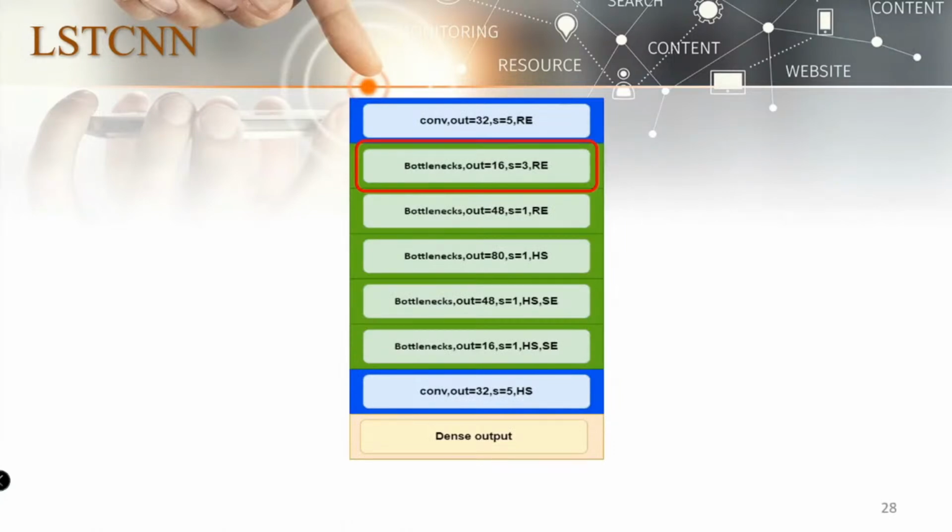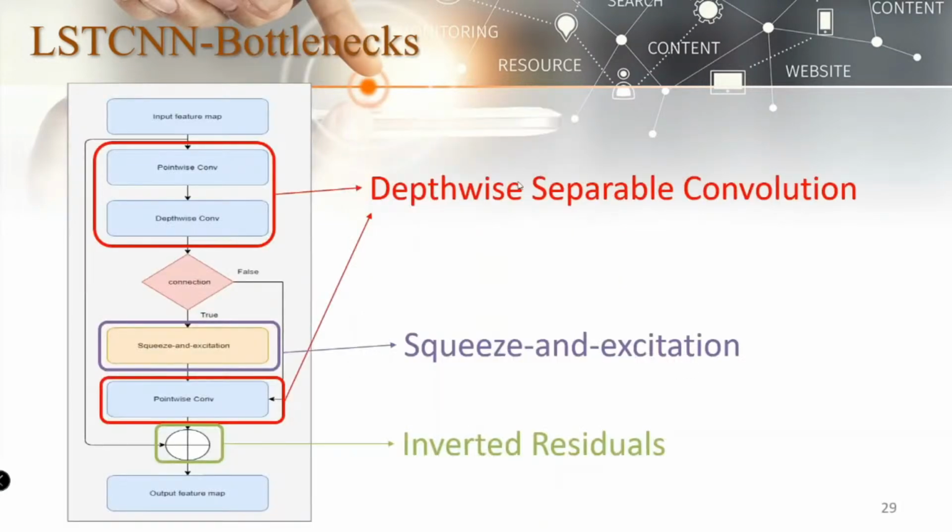Next, we further explain the mechanism in each bottleneck layer. Each bottleneck layer has three lightweight mechanisms, including depth-wise separable convolution, squeeze and excitation, and inverted residuals.